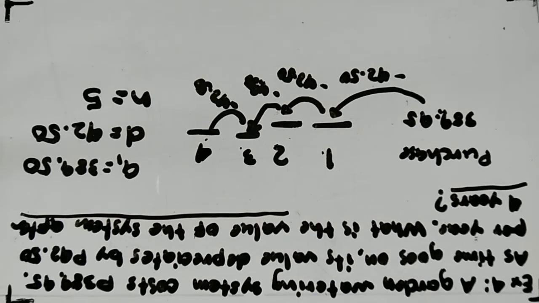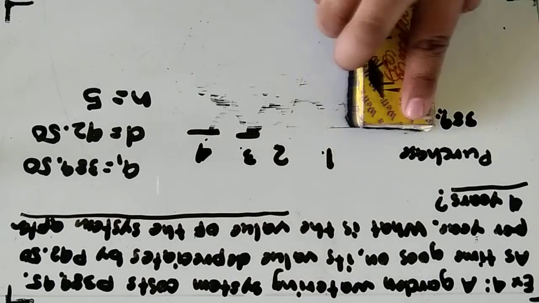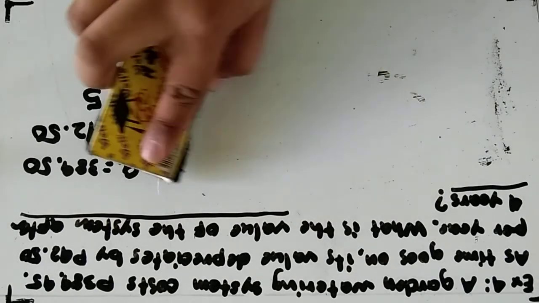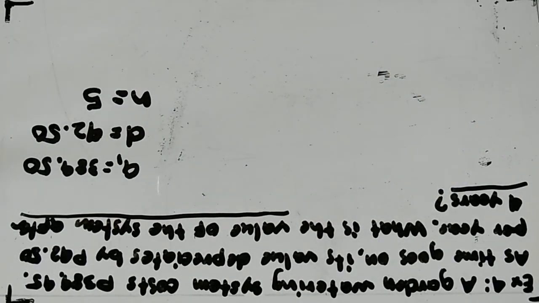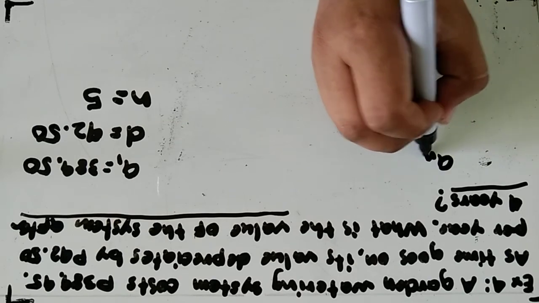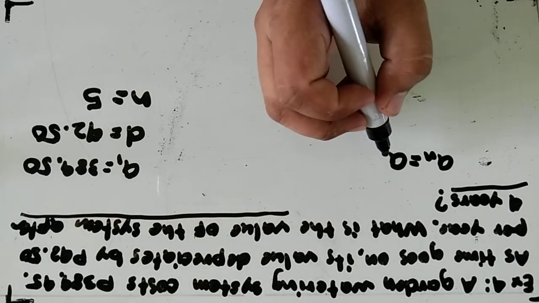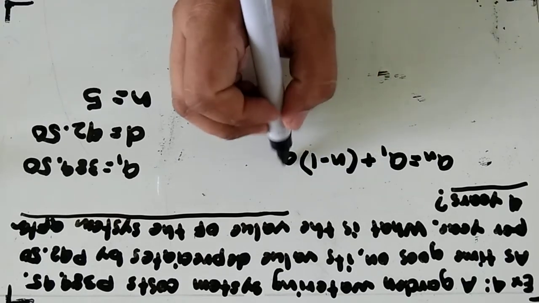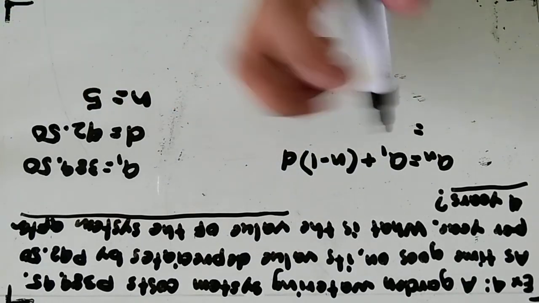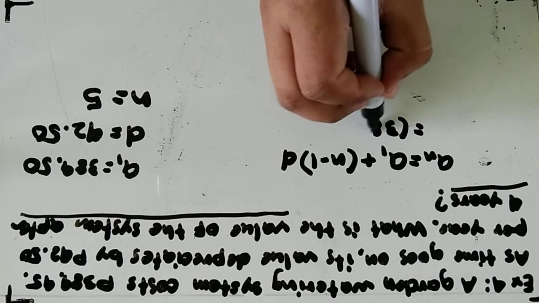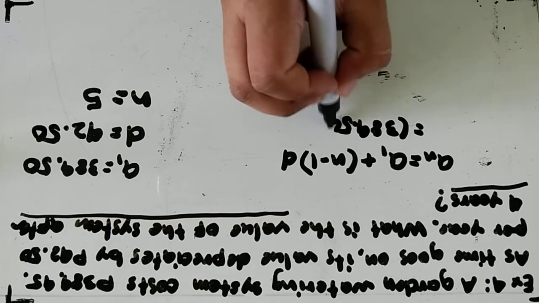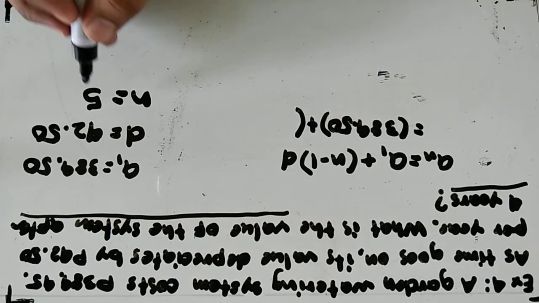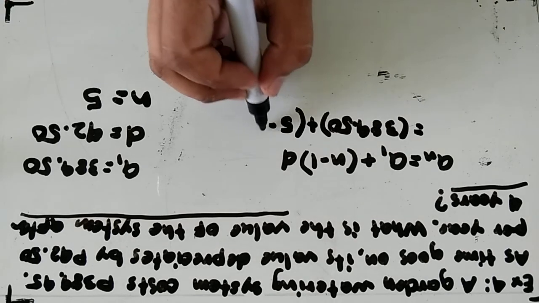So, dahil may values na tayo, substitute natin sa formula. So, meron tayong a sub n equal to a sub 1 plus n minus 1 times d. So, yung ating a sub 1 is 389.50 plus yung ating n ay 5 minus 1.